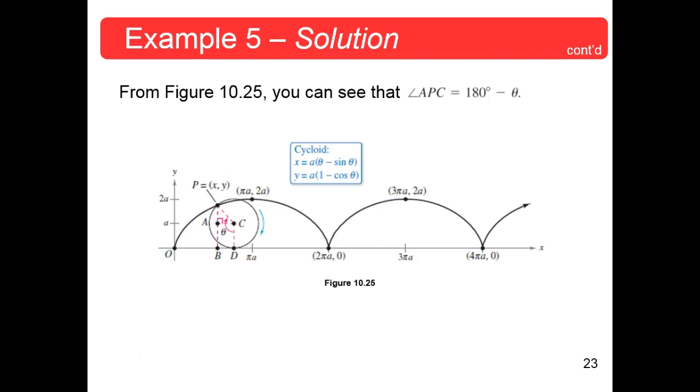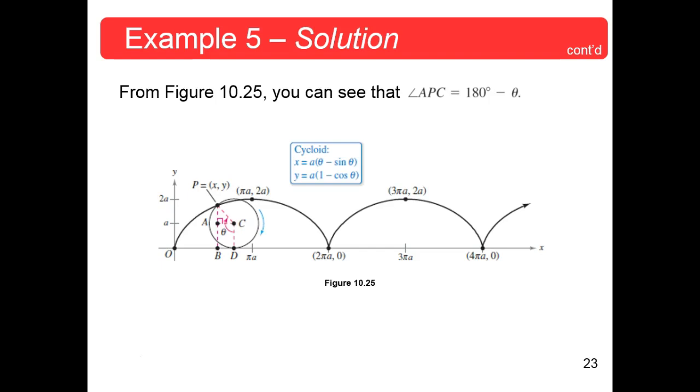Okay, so when it gets there, the theta will be at pi, and the Y value is at 2a, of course, and the X value is half of 2 pi a. You started here, and by the time you get there, you will have rolled over exactly half the circle, okay? The circumference of the whole circle would be 2 pi a, so this would be half that, just pi a.